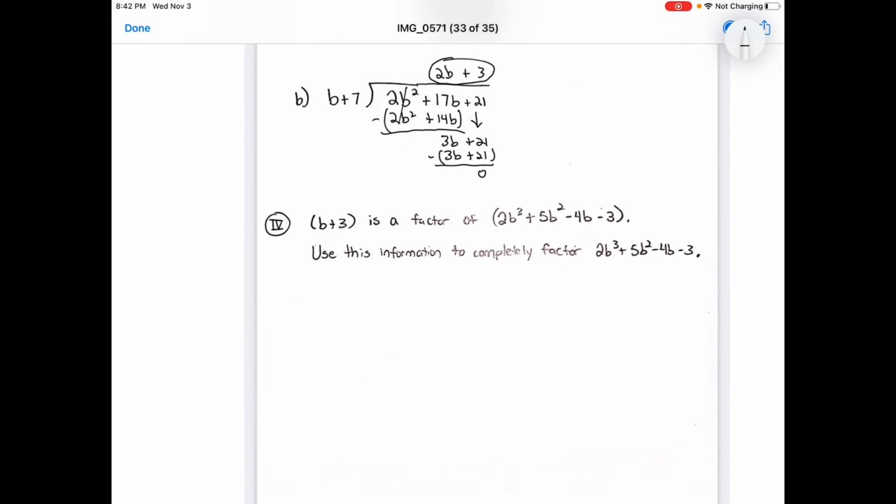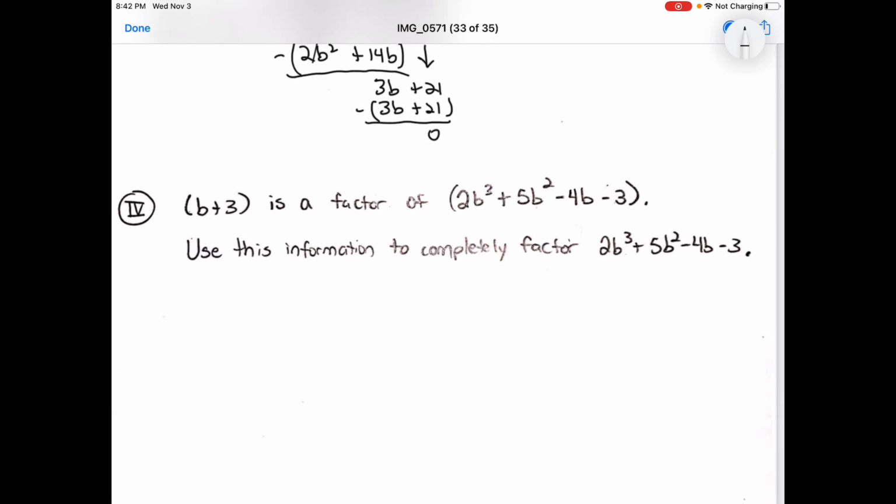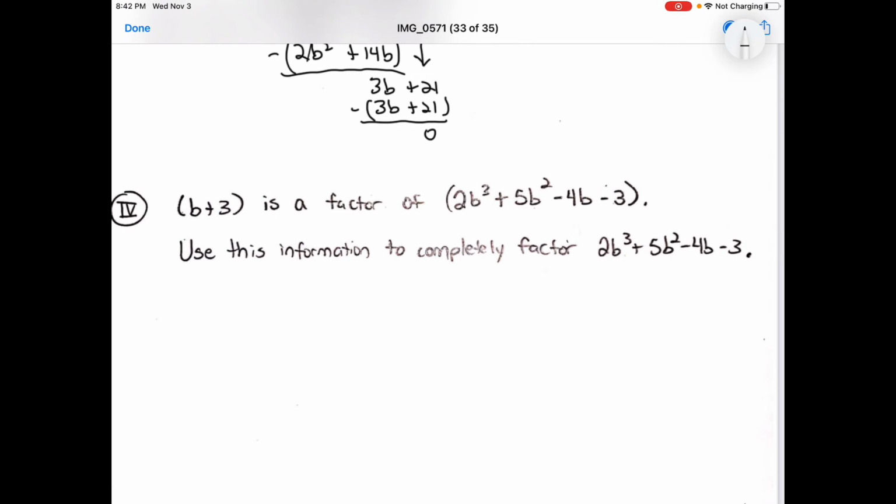Okay. The last one tells us that b plus 3 is a factor of this. That just means the remainder is 0. Use this information to completely factor 2b cubed plus 5b squared minus 4b minus 3.